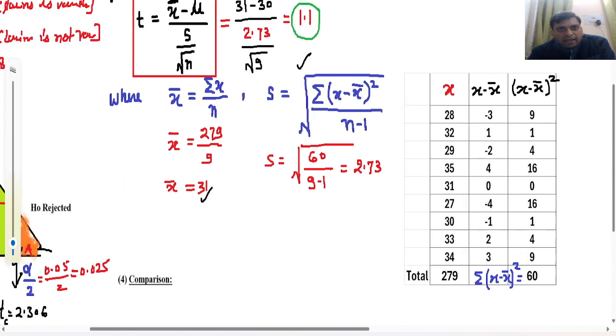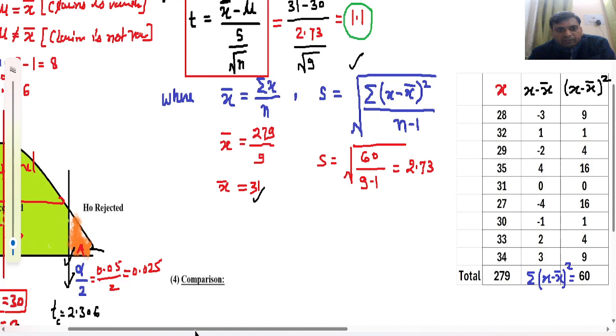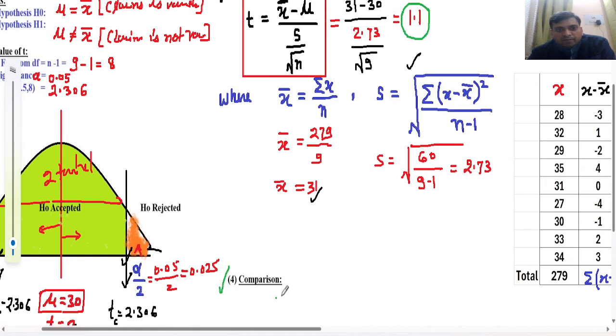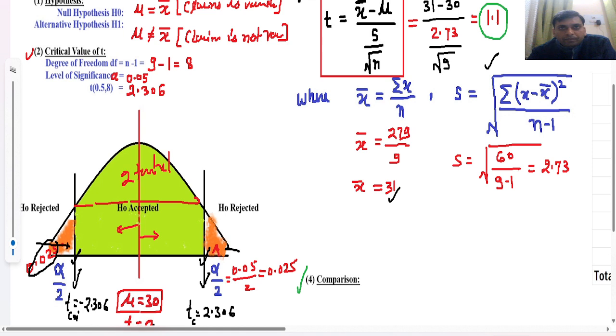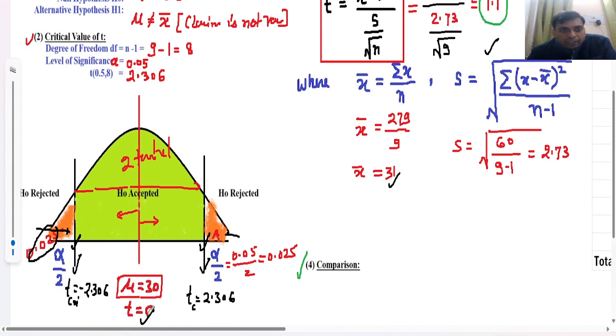Now we will see the location of this 1.1 for comparison. Next point, this 1.1 value of t. Please listen to this concept. At the center t equals 0, and on the right-hand side it may be positive 1, 2, 3, and on the left-hand side negative 1, 2, 3, and your value is 1.1.